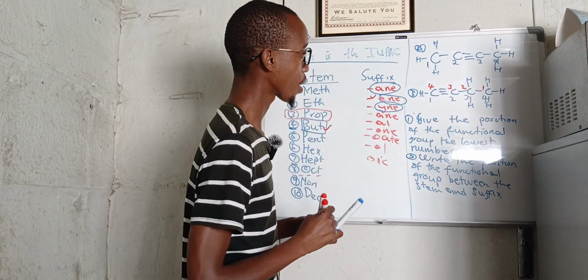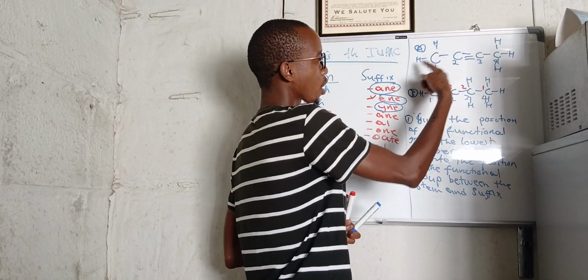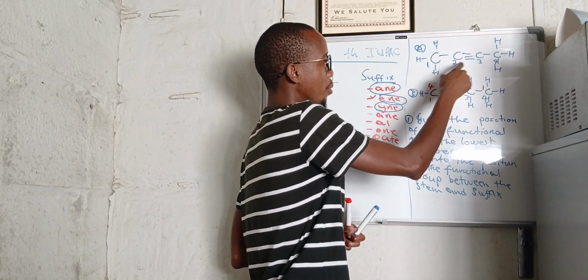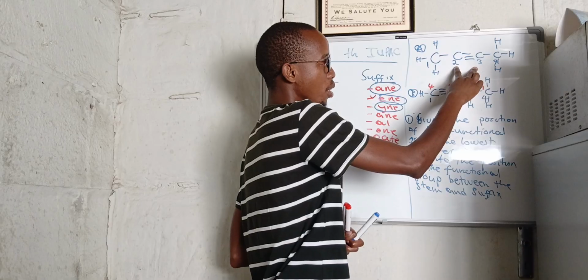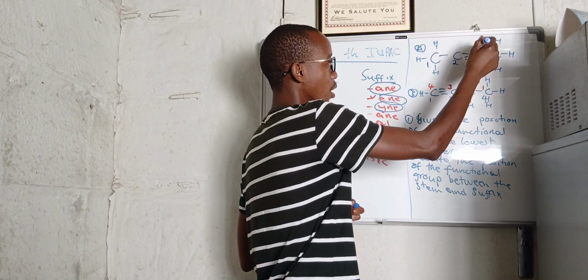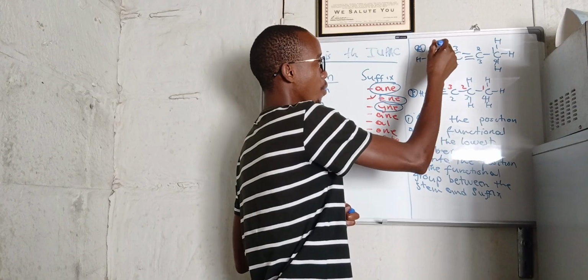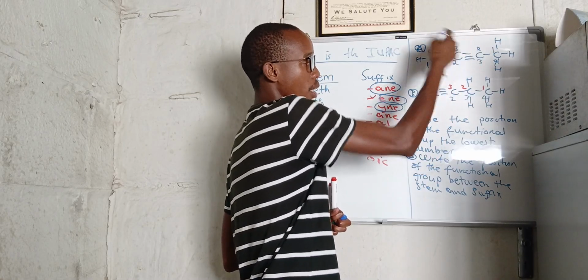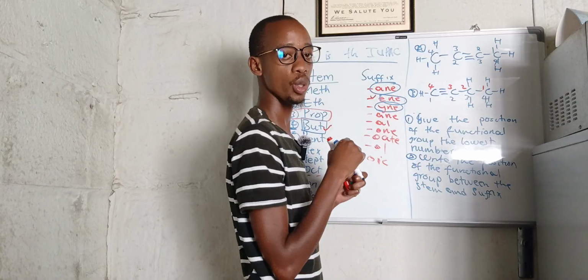Let me show you the difference here. Why am I not counting twice here? If I start here, 1, 2, 3, 4, the functional group is between carbon number 2 and number 3. Even if I were to count from this one, 1, 2, 3, and 4, the functional group, even when I start from the right, will be between carbon number 2 and carbon number 3. Hence, I'm not doing it twice.